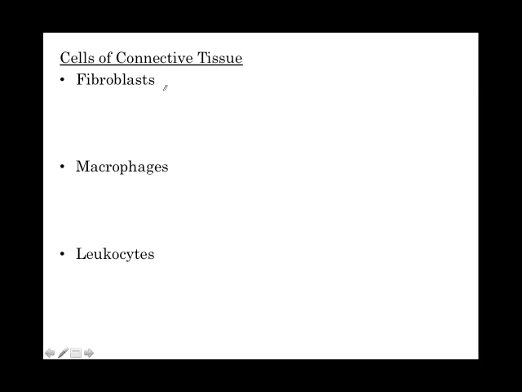One of the major cells of connective tissue are fibroblasts, and these are the cells that produce the fibers and the ground substance that are found within the extracellular matrix. And there's three different types of fibers. We have collagen fibers, we have elastic fibers, and we have reticular fibers.